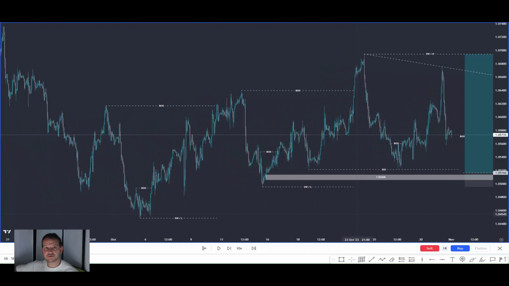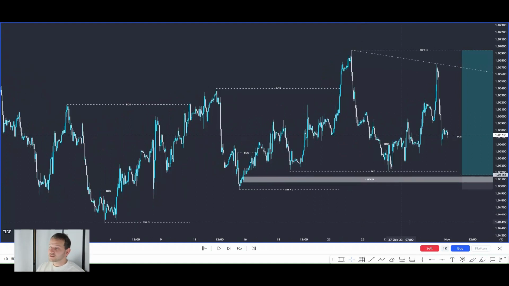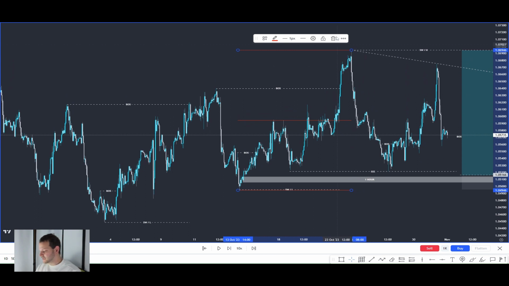Oh, the light's gone off. We'll get that back up. Yeah, so we're looking for buys ideally, and we know that we're in the bottom 50%. So if we put our Gann grid here, there to there, we're in the bottom 50%, so we're looking for buys. Right, so let's get that out of the way though.